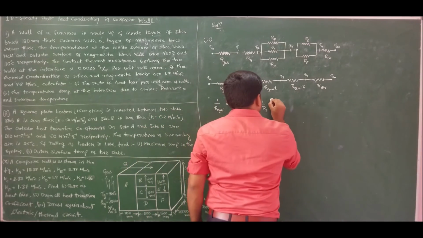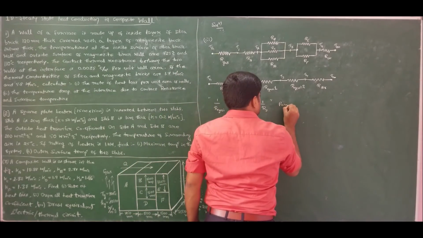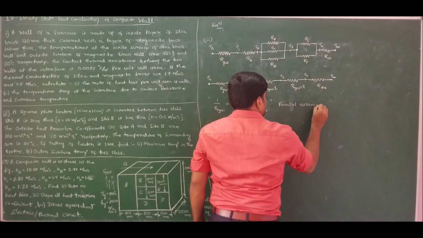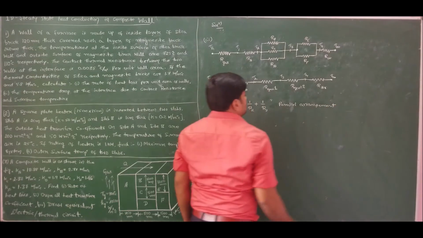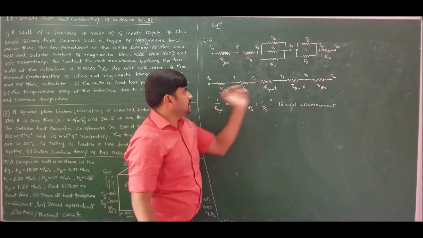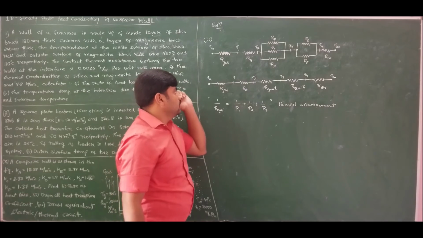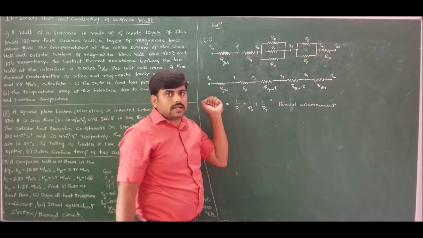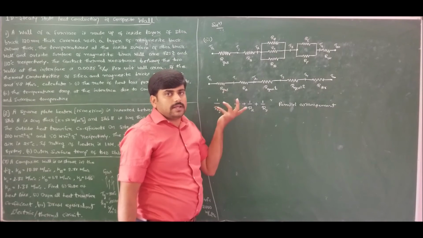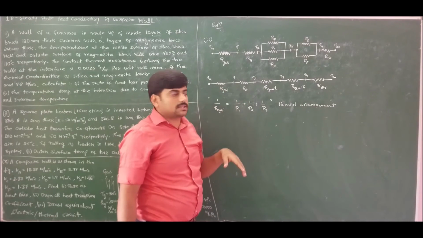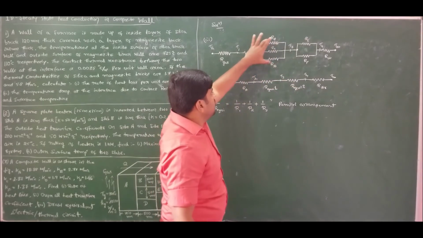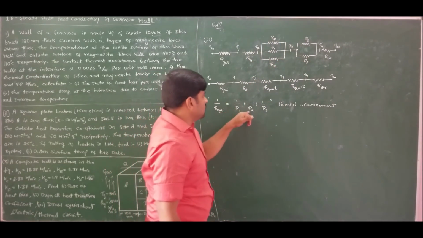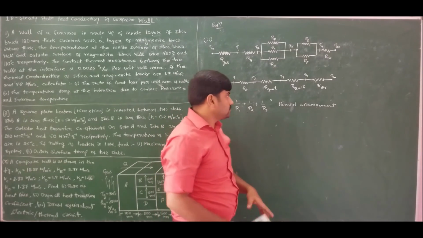This is for parallel connection, whereas for series it is just the summation. Since the resistances are in series, we are taking the summation as the equivalent resistance. That is, R is equal to delta T by the equivalent resistance, the summation of resistances. So this is in series, whereas these are in parallel. Whenever it is in parallel, the equivalent resistance is 1 by R1 plus 1 by R2 plus 1 by R3.